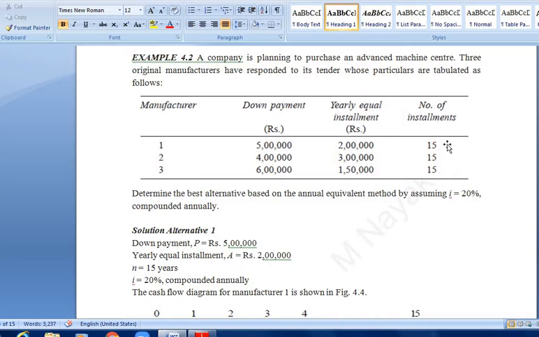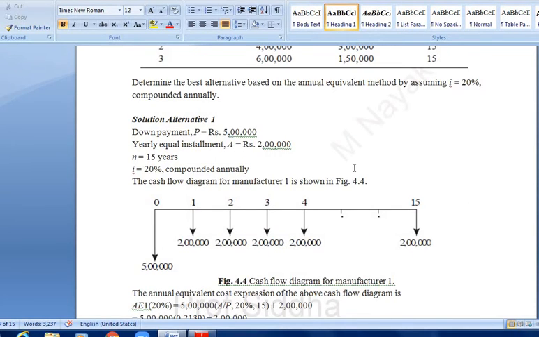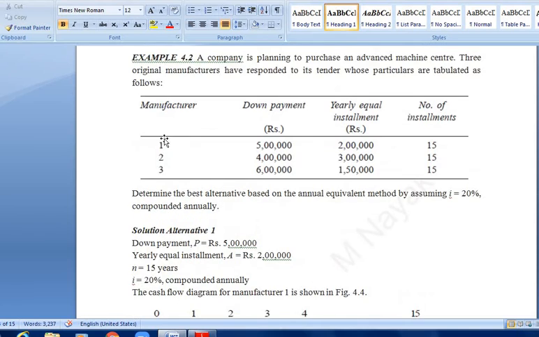The number of installments is the same for all the 3 manufacturers. So let's consider the time period is the same for all the 3 manufacturers, so that comparison can be made.